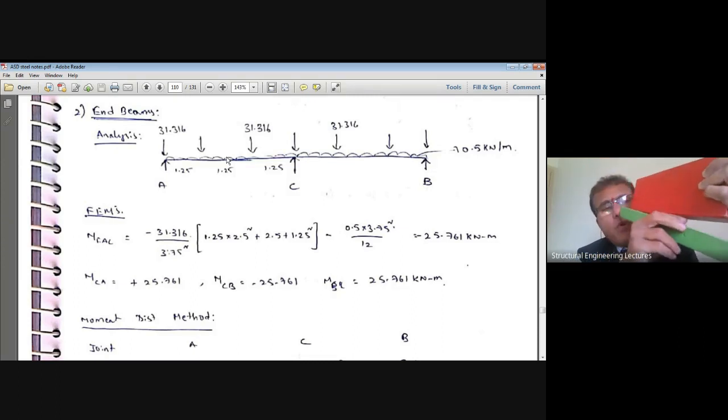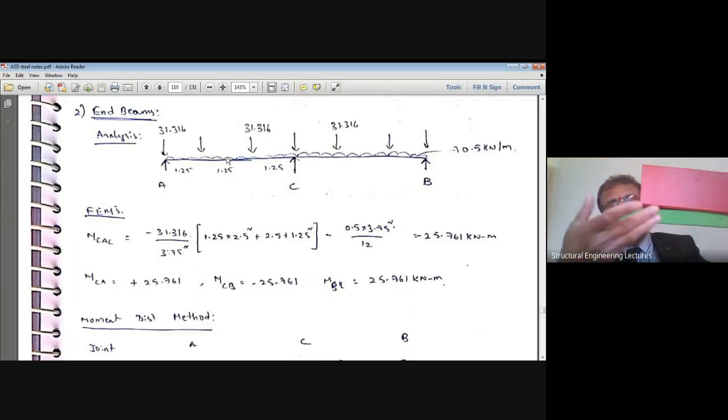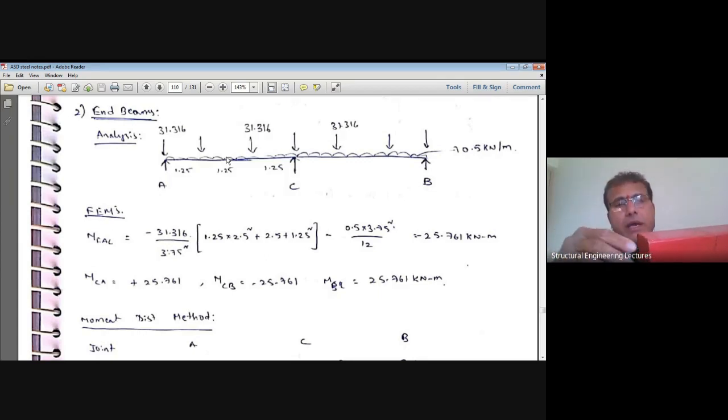The end beam will attract the load from this overhang as well as the self-weight of this plate, and half the load from the stiffener, that is 38 by 2, plus the weight of water plus the self-weight of the plate. That is 31.316 at each and every location where there is a stiffener, spaced at every 1.25 meters center to center.